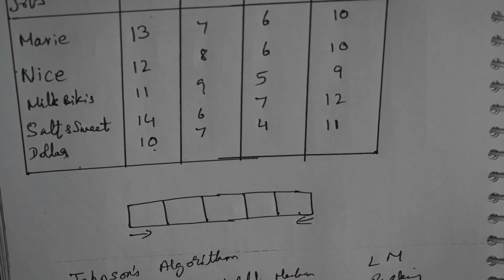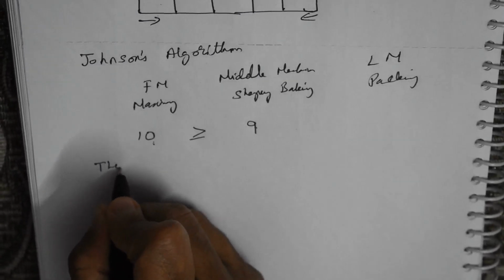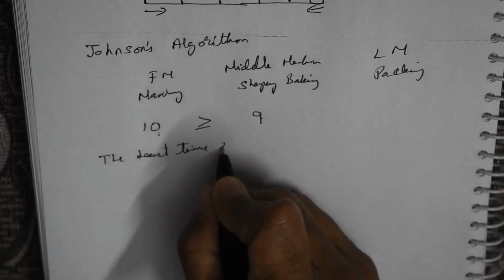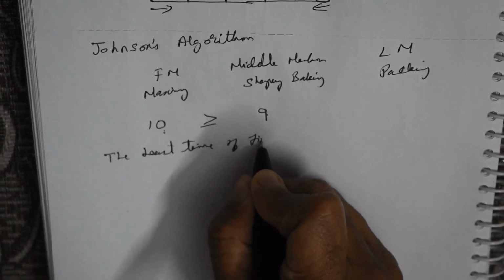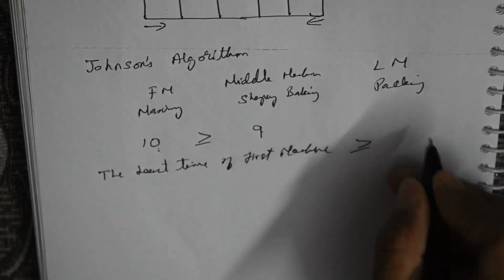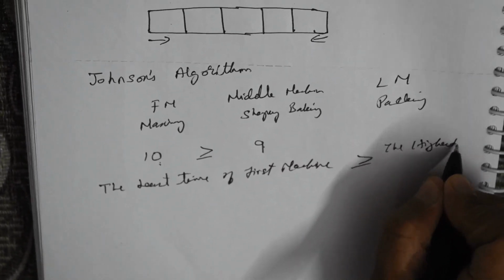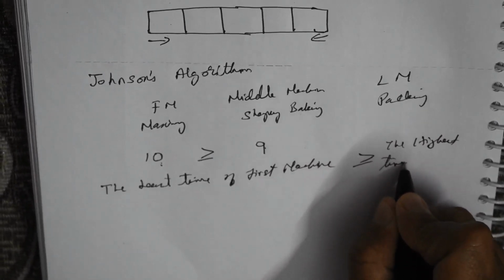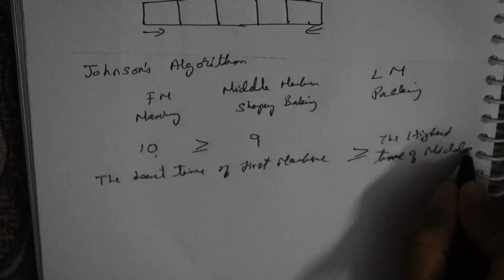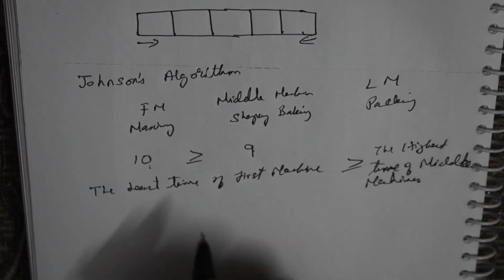Which means, as per Johnson's rule, the least time of the first machine should be greater or equal to the highest time of the middle machines. The rule is satisfied.